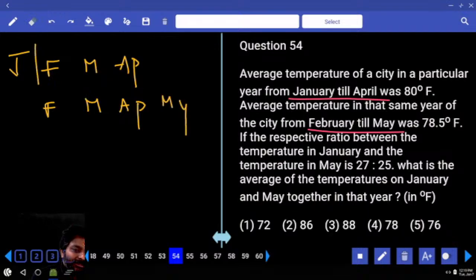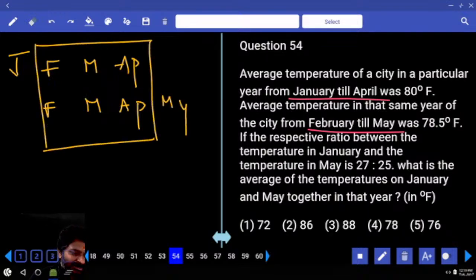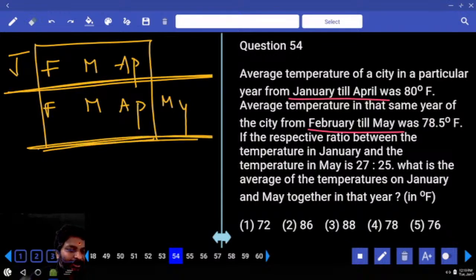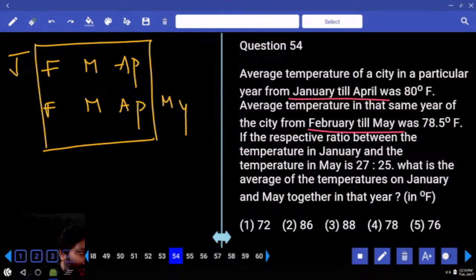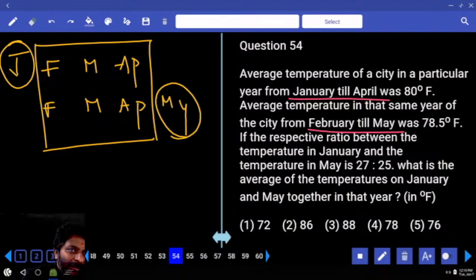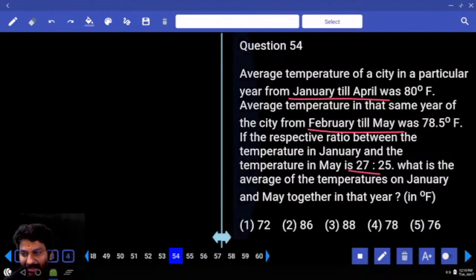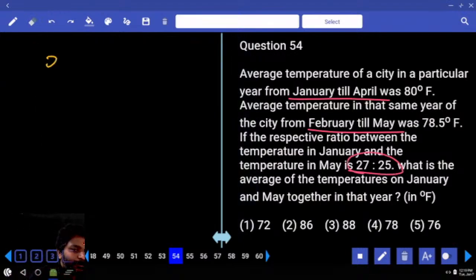These 3 months are common, so the difference in the averages is because of January and May. Here the average is 80, the next 4 months' average is 78.5. Whatever difference is there is because of January and May, because the remaining 3 months are common.